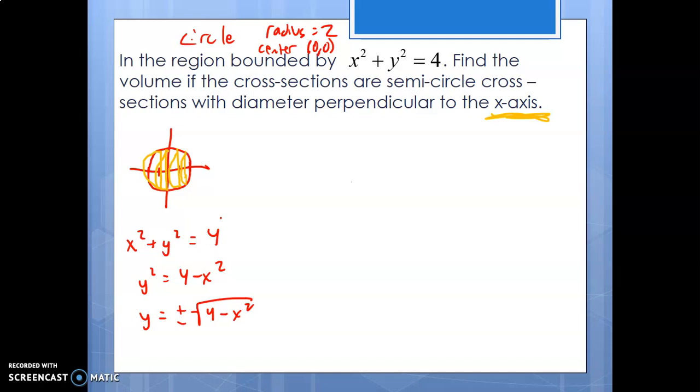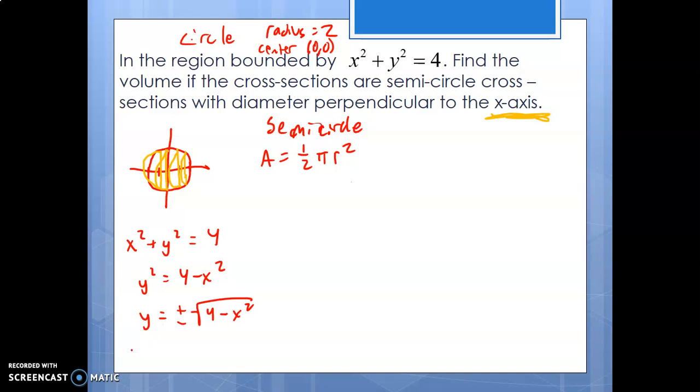Now, what we're going to be able to do for a semicircle, let's think about that. A semicircle is half of a circle. So the formula for a semicircle's area would be 1/2 pi r squared. So I need to know what the radius is in order to come up with an equation for A of x.